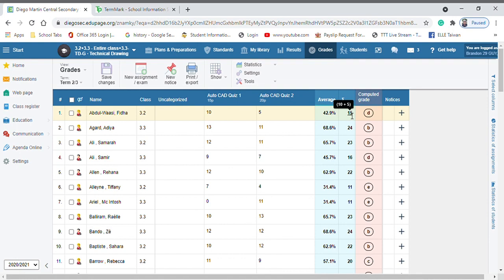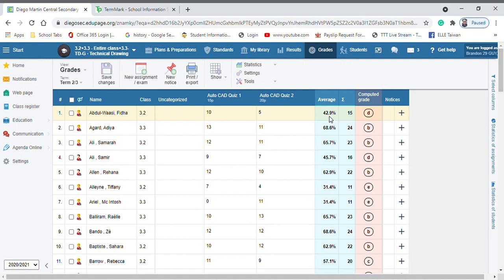Now we find the percentage of this 15. So we take this 15 and we put it over the total, 15 plus 20, that's 35, and then we multiply it by 100 and we'll get the percentage, which is 42.9%.